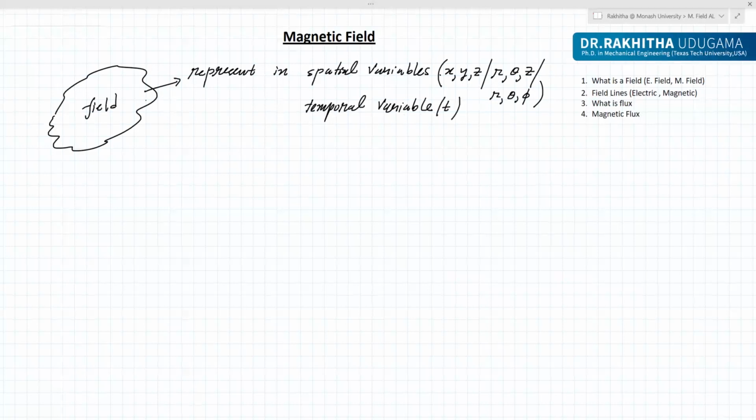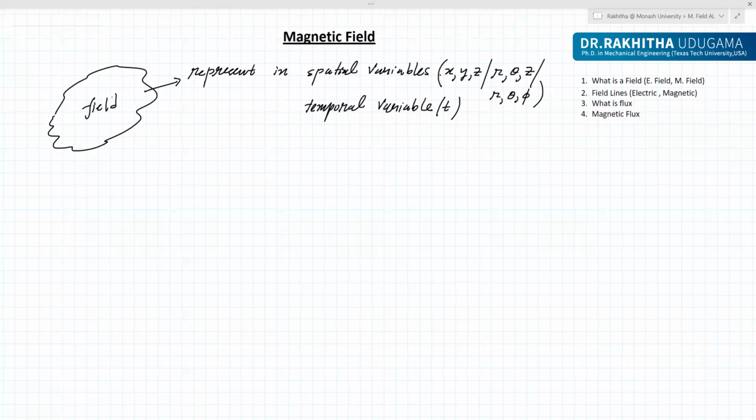So a field is something which is defined by spatial variables, x, y, z, or using any other coordinate system. Now, if you think about a paddy field, it's all about paddy spread in a field, in a space. So now you have the idea.